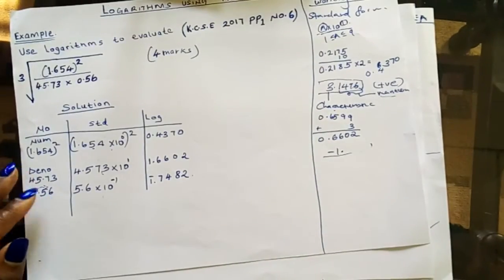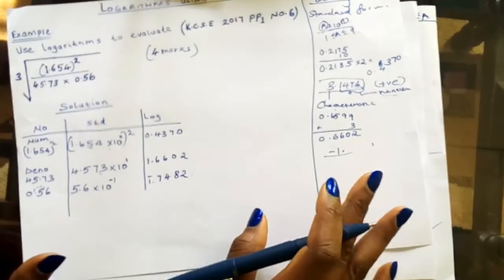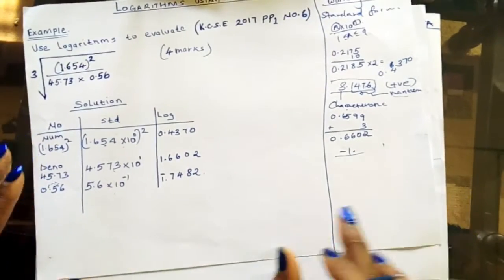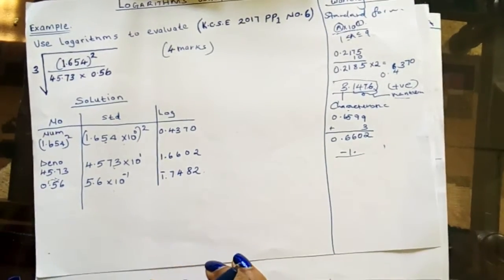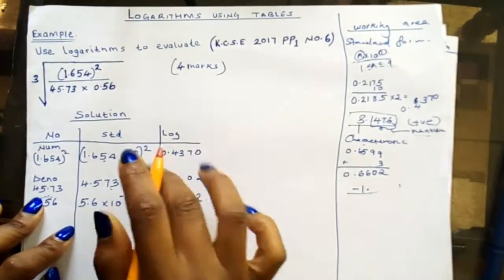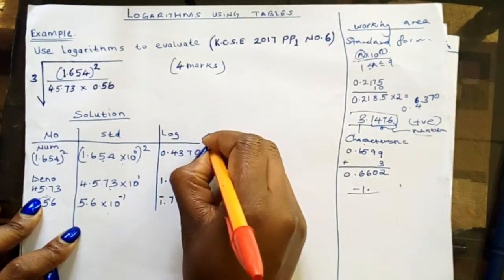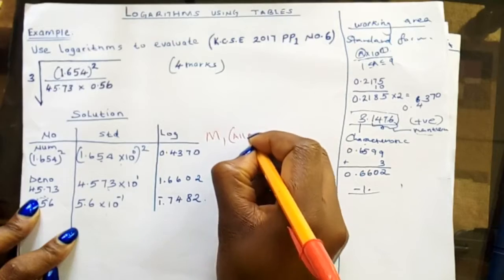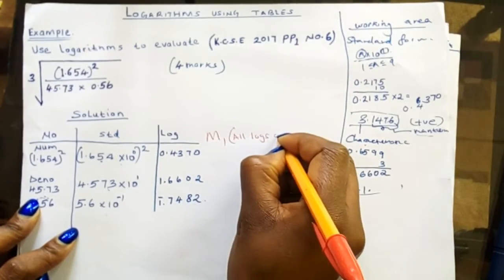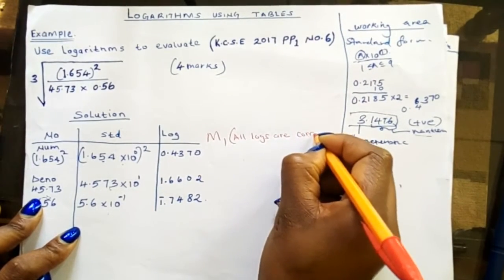So we are done. This far we have all the logs correct. At this point, that is when you get your method mark. So this means that all logs are correct.